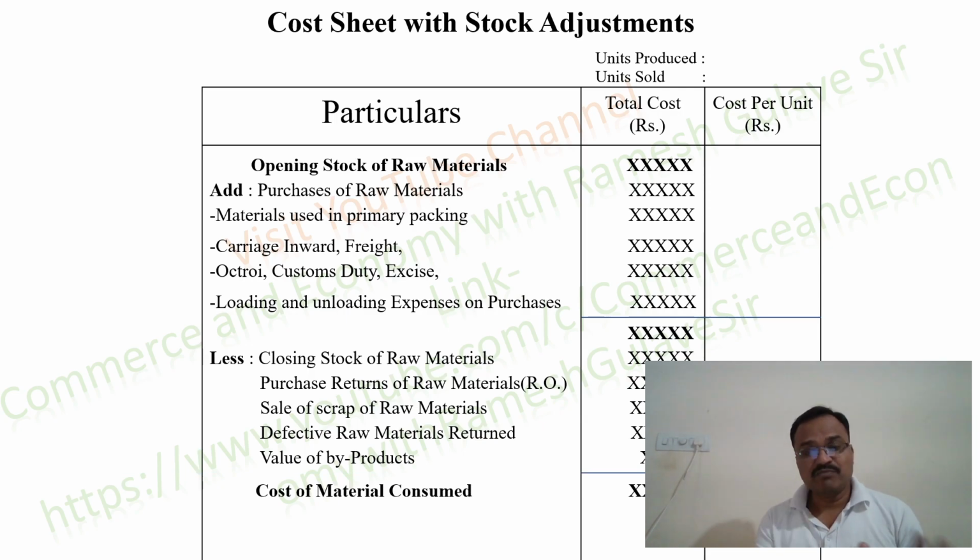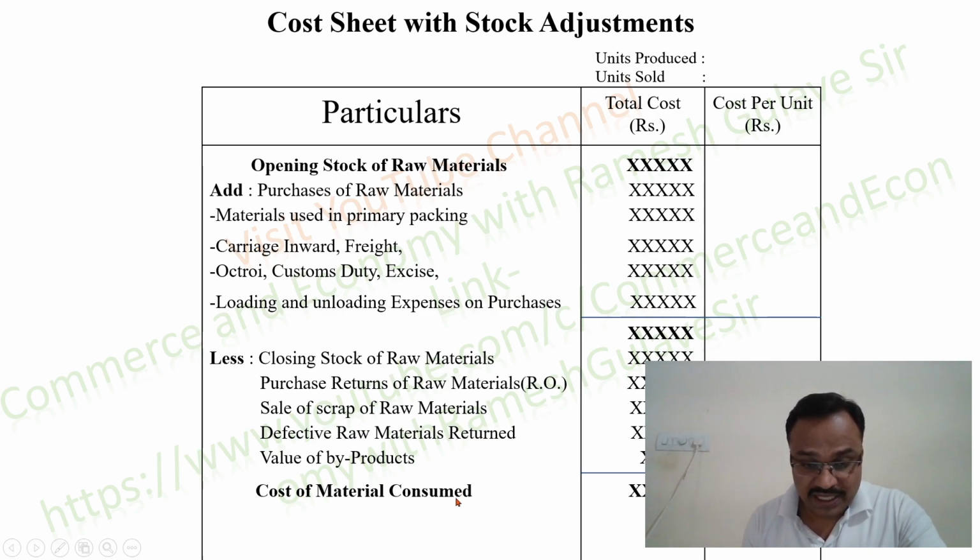So in the simple cost sheet, we have discussed that the prime cost is the total of direct material, direct labor and direct expenses. Cost of material consumed means basically direct material, right? Direct material and cost of material consumed are the same thing.